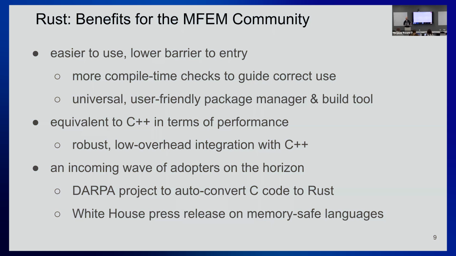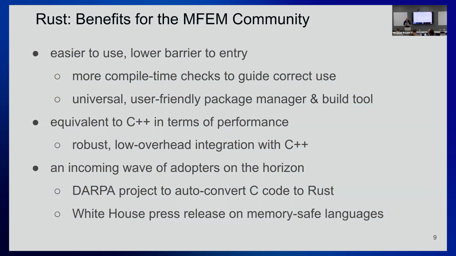And another big selling point of Rust, as I found using Rust and C++ side by side on a day-to-day basis for a long time now, is that Rust has very universal, friendly package management and build tooling. So you don't have to learn lots of different ways of doing the same thing. You learn it once, and then it works the same way for every library, every application, and so forth.